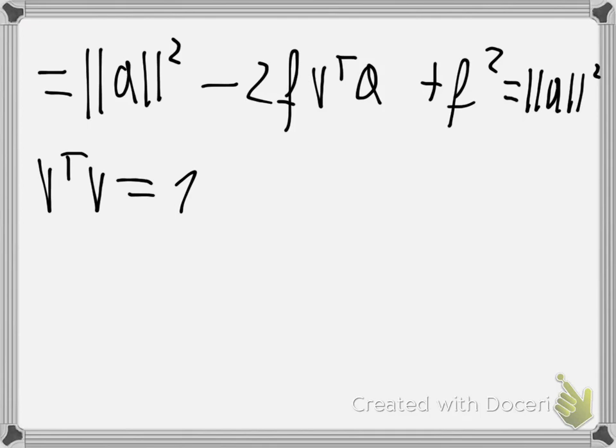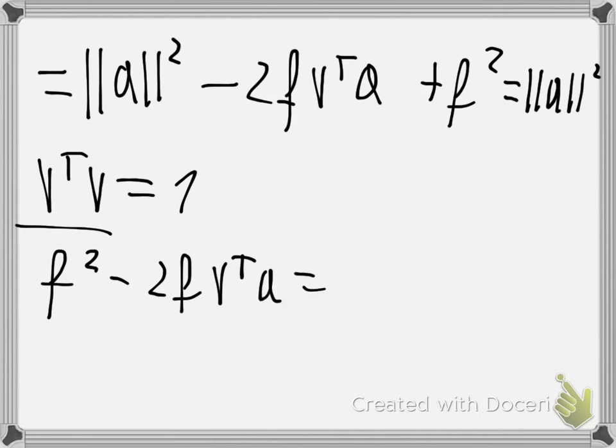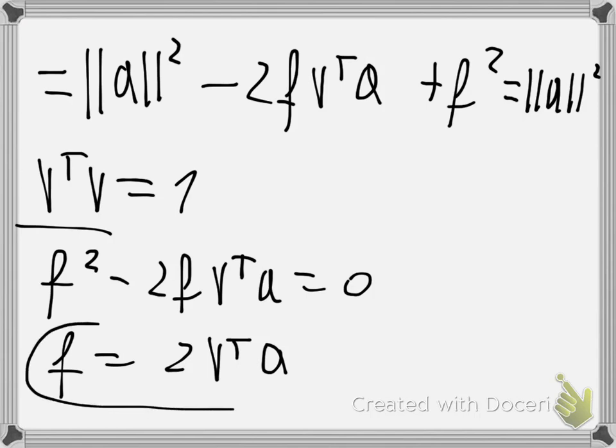So we get that F squared minus 2F V transpose A equals 0. We can put the 2F V transpose A on the other side and divide by F. So we get that F is equal to 2V transpose A. Okay? So this is F.